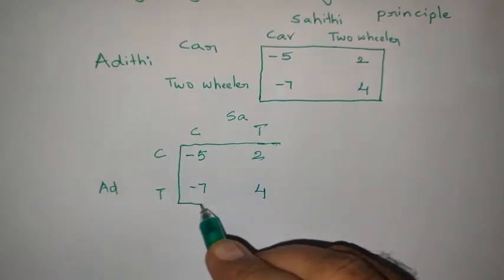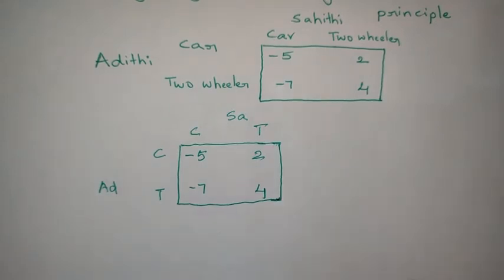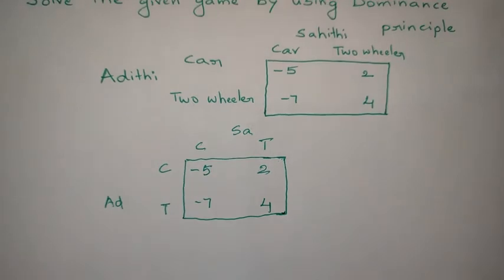Now, how to solve it? First of all, we need to check the dominance in rows. This is the first row and this one is the second row. Each value in a row should be greater than or equal to the corresponding value of the other row.